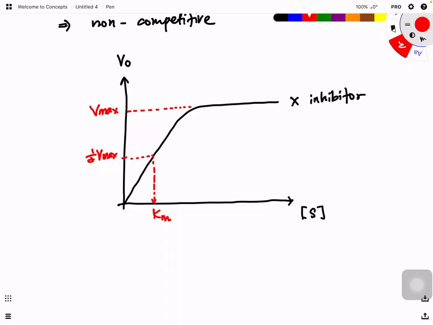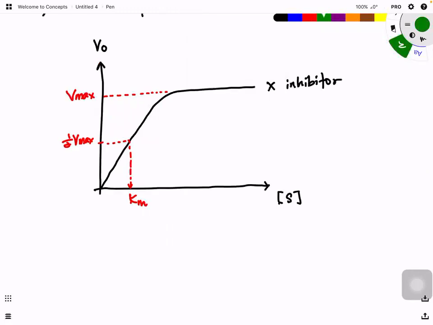Now, if you look at this again, with the non-competitive inhibitor, my graph won't achieve the original Vmax anymore. It has a new Vmax, which is lower.